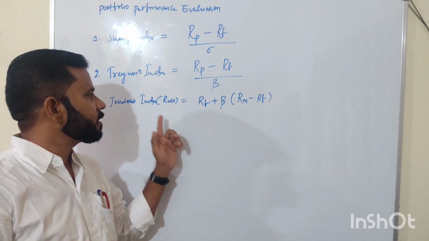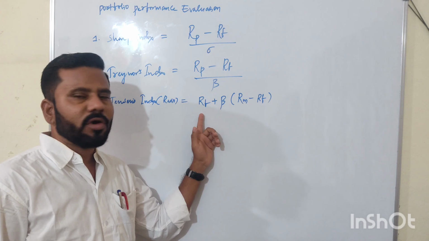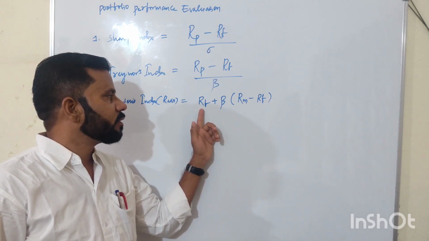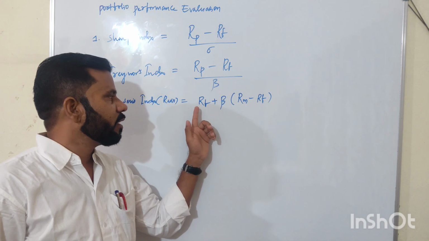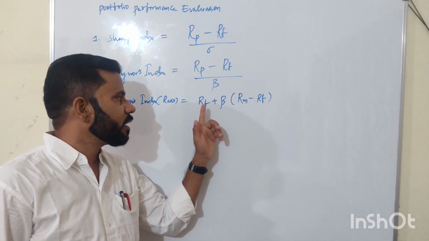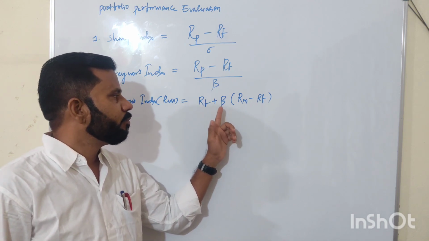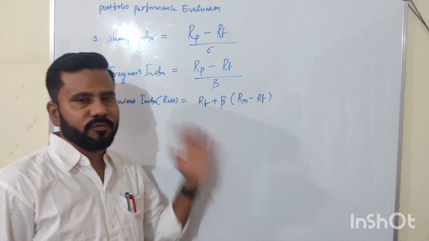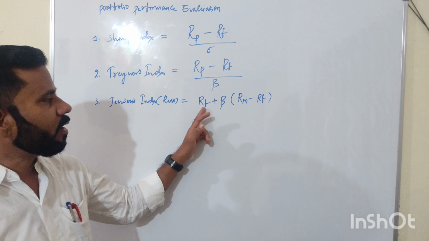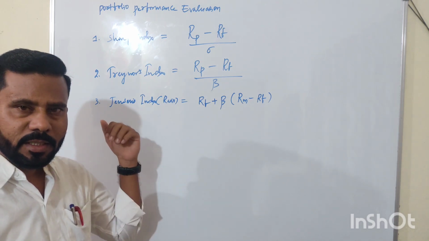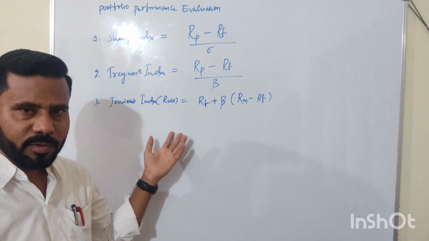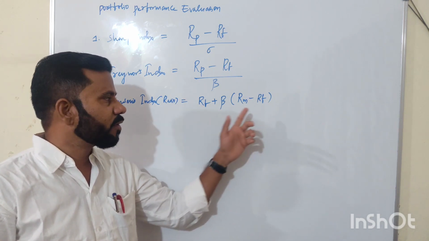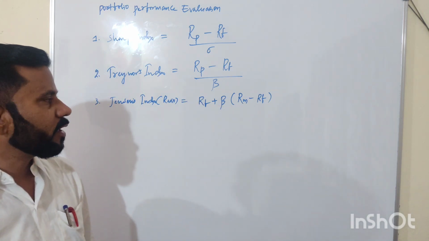A very simple formula: risk-free rate plus beta in a bracket RM minus RF. RF means risk-free rate, which we get in the problem as given information. Beta is also given information, market return is also given information.